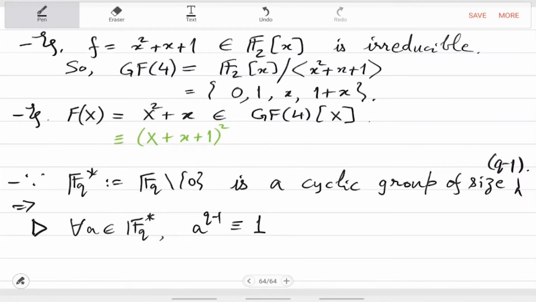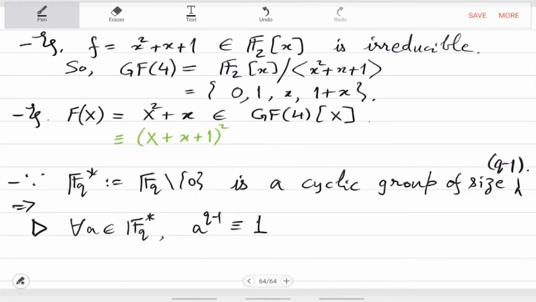Because just because it's an abelian group of size q minus 1, any element if you multiply that many times will give you in the end 1, because the multiplicative order of any element, first of all it is finite, and second you can show it will divide q minus 1. So if you raise a to q minus 1, you will always get 1. That is just by the structure of abelian groups.